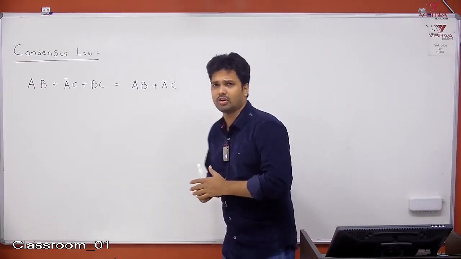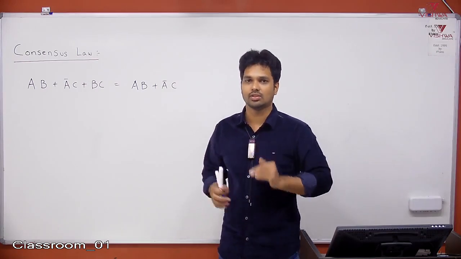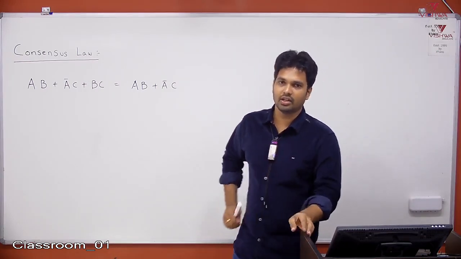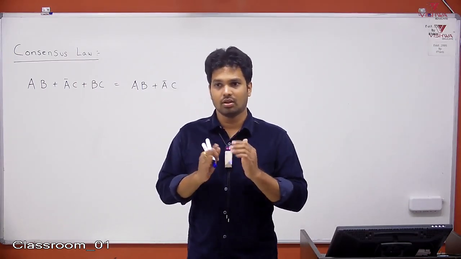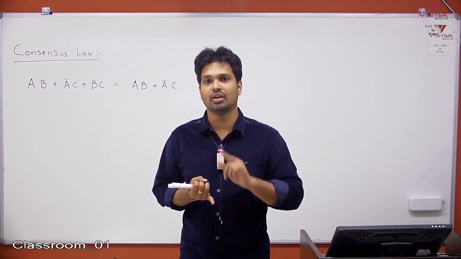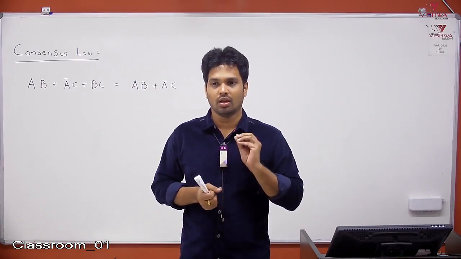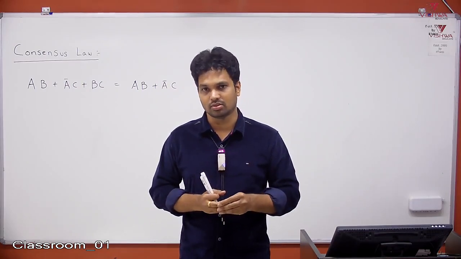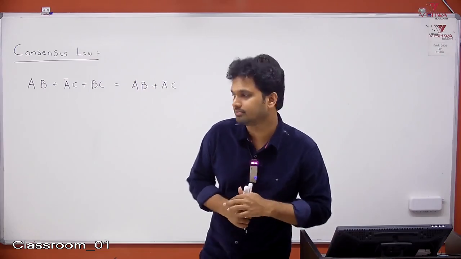Firstly, the first doubt you will get is, sir, how to identify this consensus law? To identify the consensus law, we have three conditions. First, we should have three variables, A, B and C, or X, Y, Z, anything, three variables. Every variable will come two times.